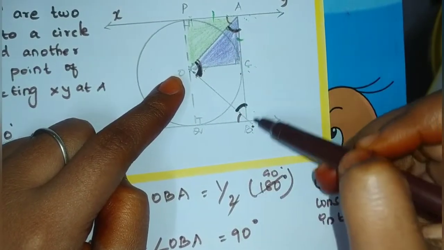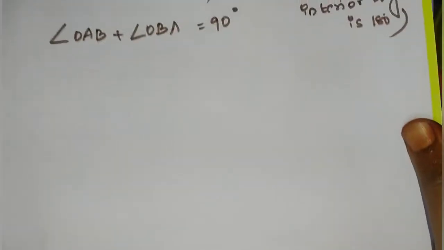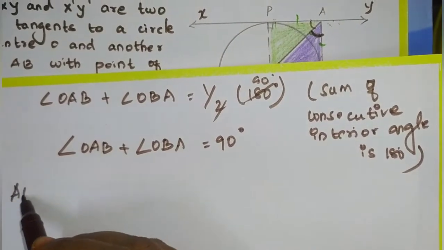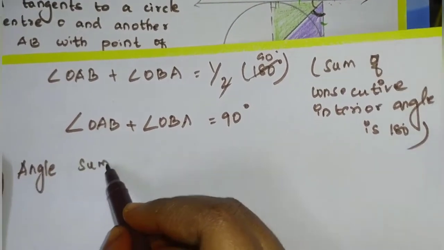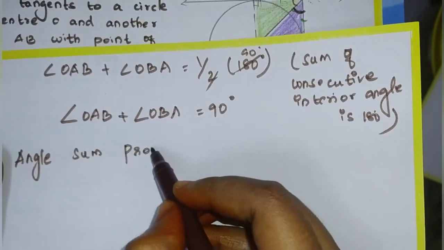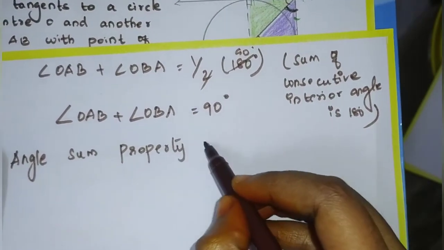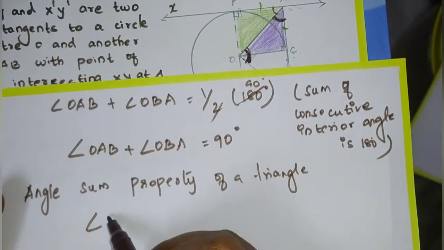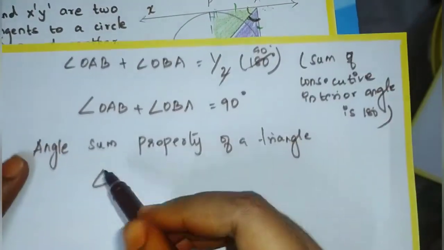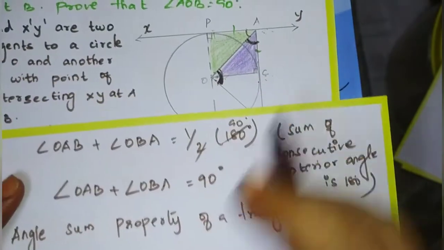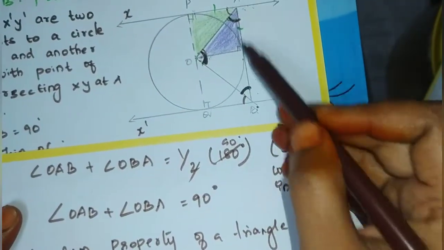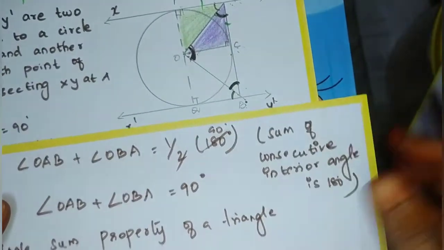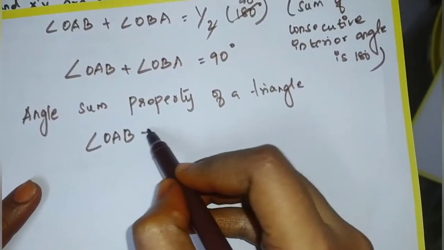By the angle sum property of a triangle, we can find that. In triangle OAB, the three angles are OAB, ABO and AOB.